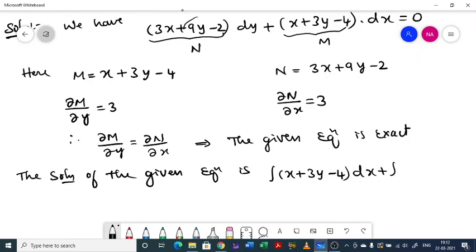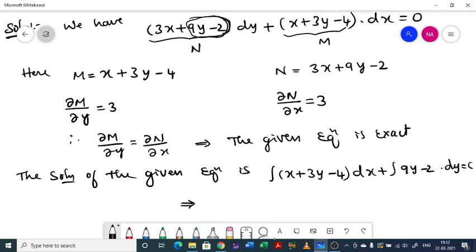See here, these two terms, 9y minus 2, that is the term not containing x. So it will be (9y minus 2) dy equal to c.